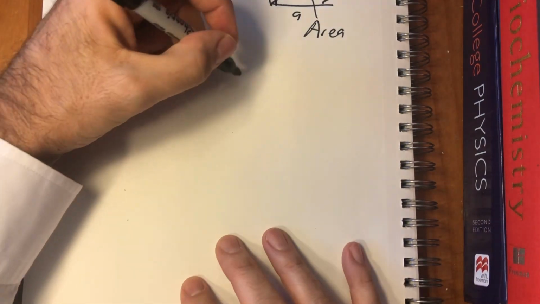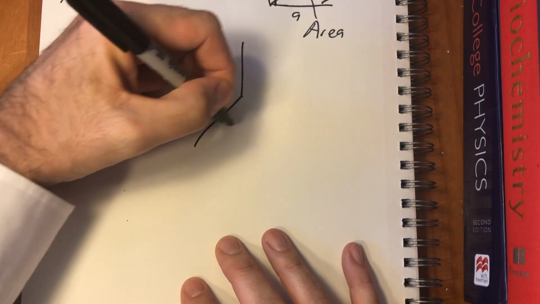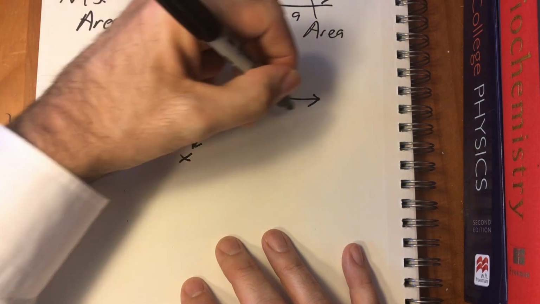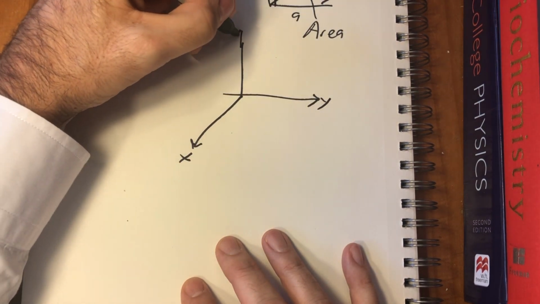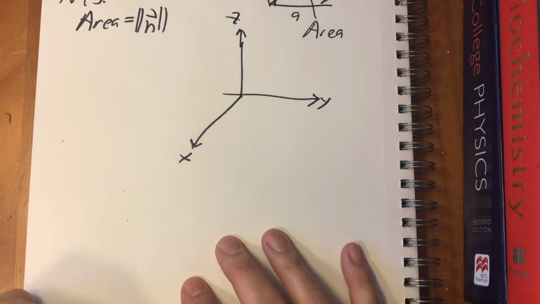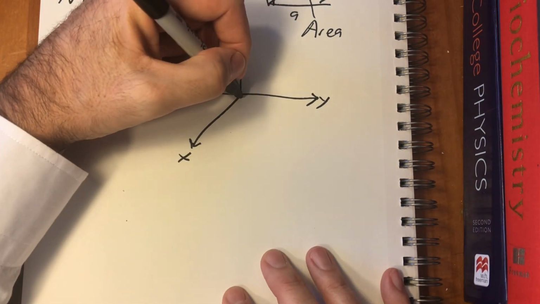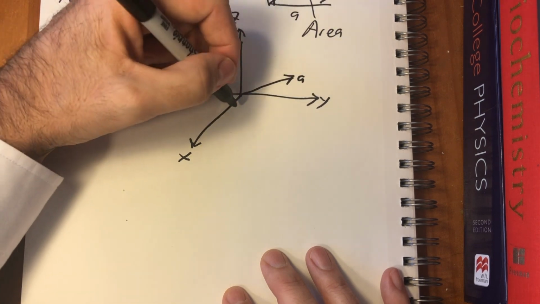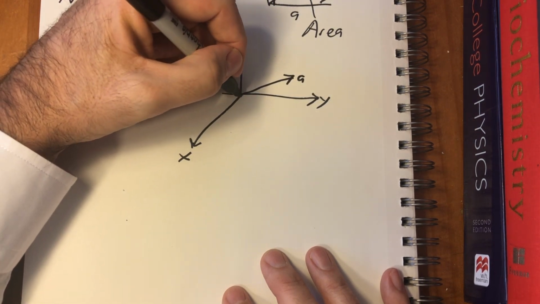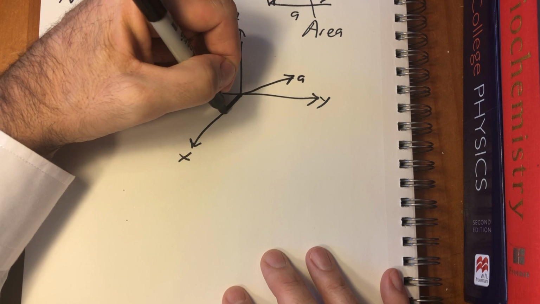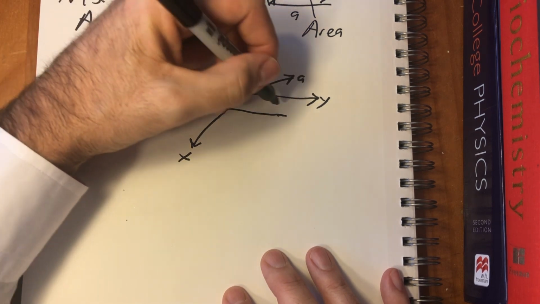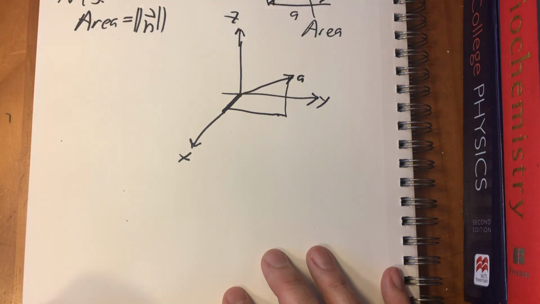So the point is that we're in 3D space here. And we don't know where these two vectors are going to be. They can be anywhere. So A could go this many down, this many over, and this many up.